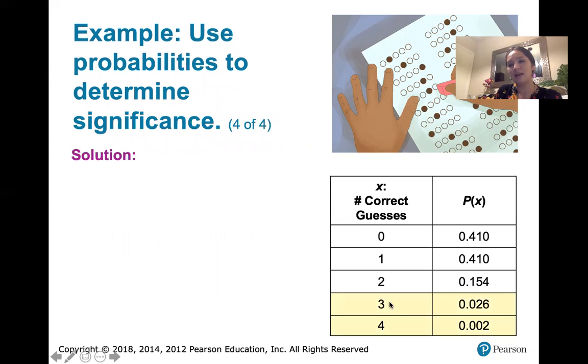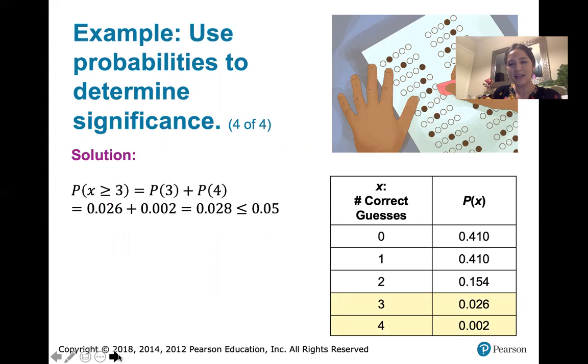So I'm looking for X equals 3 correct guesses or X equals 4 correct guesses. And whenever we hear that word or, we've got to use the addition rule. You just take the probability that we have 3 out of 4 correct, and then you add the probability that we had 4 out of 4 correct.